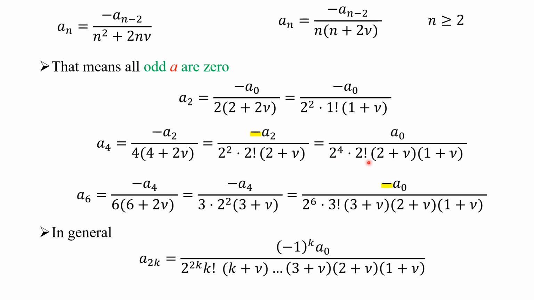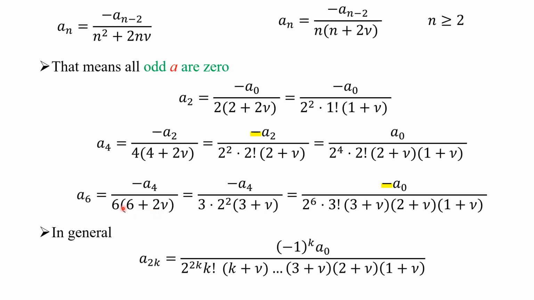Now next naturally A5 will be 0. So A6. Here in this equation you replace n by 6. So this will become 6 minus 2, 4. So minus A4 divided by 6 into 6 plus 2ν.